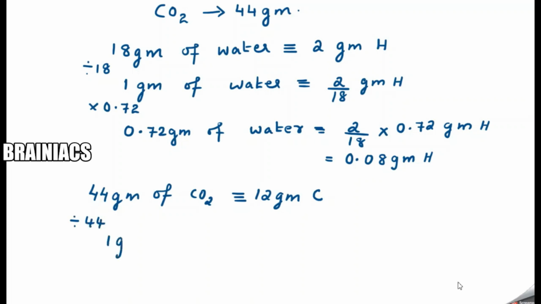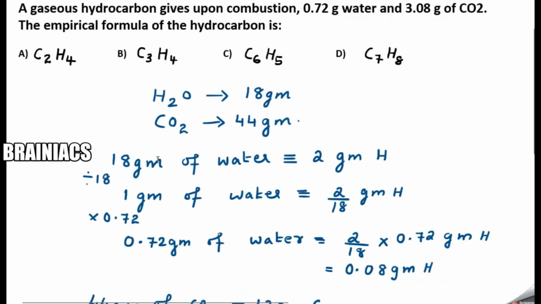So this will become 1 gram of CO2 has 12 divided by 44 gram of carbon, correct? So we need to convert this to how much gram. In the question they have given the value of carbon dioxide as 3.08 gram.